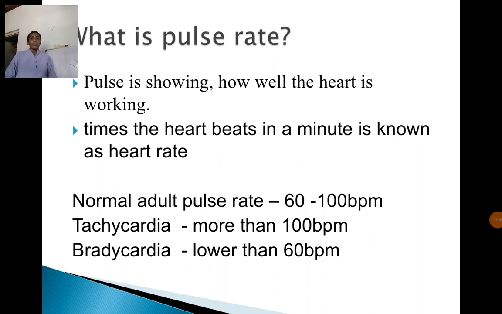The normal adult pulse rate, for a person more than 18 years old, is 60 to 100. When it is more than 100, it is called tachycardia, and lower than 60 is called bradycardia.